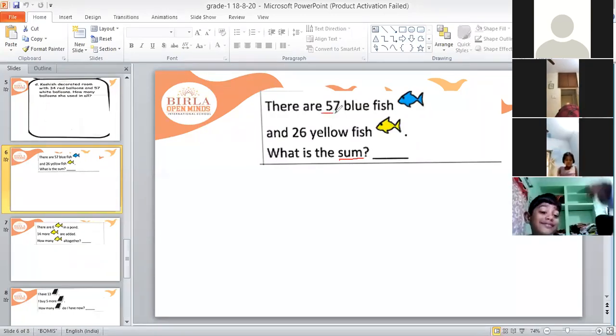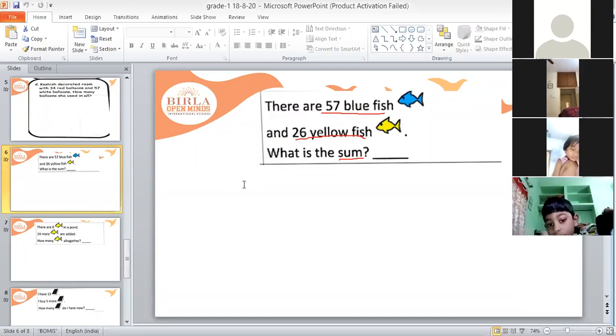So there are 57 blue fish and 26 yellow fish. Right? And now they are asking you what is the sum. Sum means, again I'm repeating, sum means total. Total means we have to do addition. Right? So now we'll write the statement for this word problem.